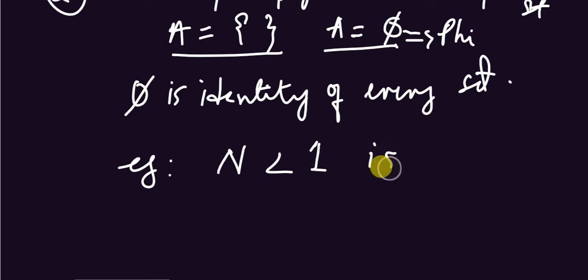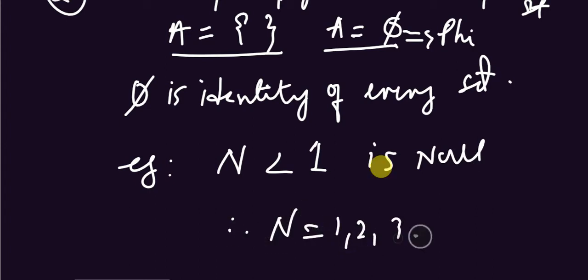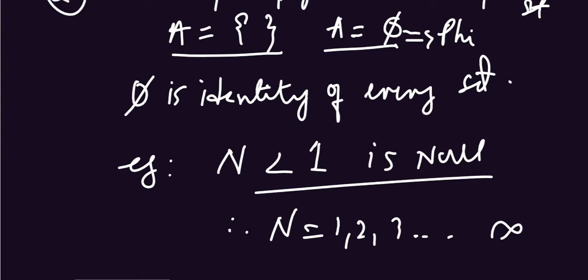You know natural numbers are 1, 2, 3 up to infinity, but if I say natural numbers less than 1, then the set is called a null set, because there is no element less than 1 in the natural set.